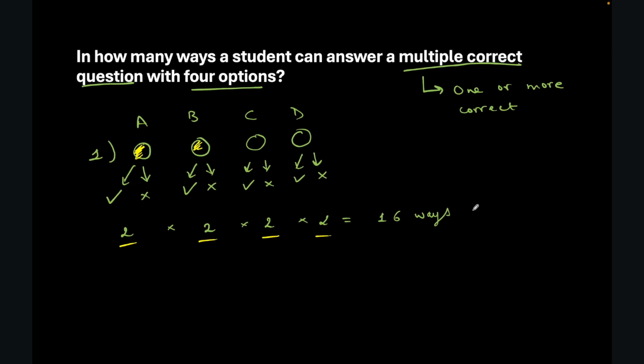So essentially, I have to remove one out of this. That one way is where I don't answer any of them, or I reject all the options. So actually, in reality, what I have are 15 possible ways, or 15 possible options, not 16. Okay, so there are actually a total of 15.